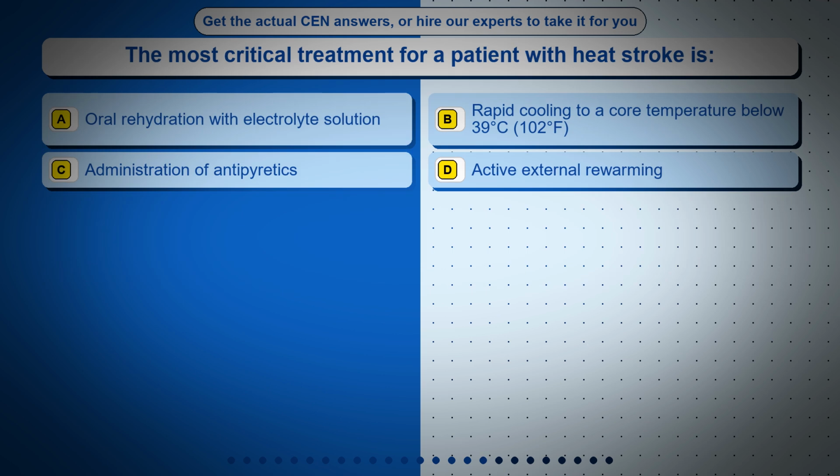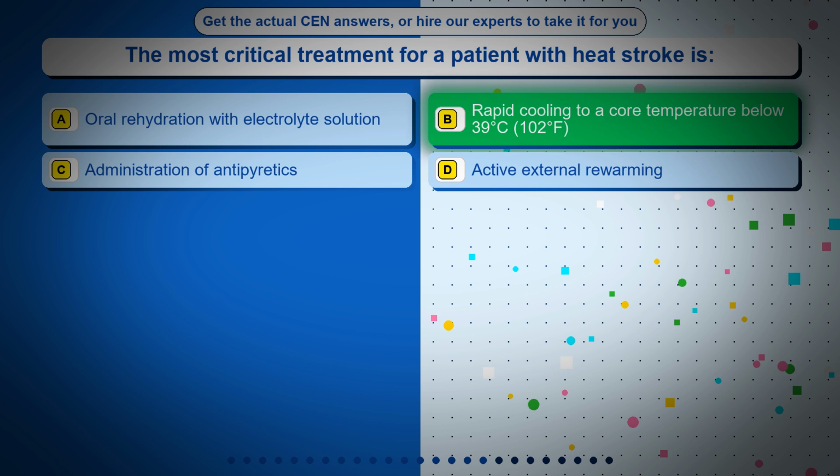Question 17. The most critical treatment for a patient with heat stroke is option A, oral rehydration with electrolyte solution. Option B, rapid cooling to a core temperature below 39 degrees Celsius, 102 degrees Fahrenheit. Option C, administration of antipyretics. Option D, active external rewarming.